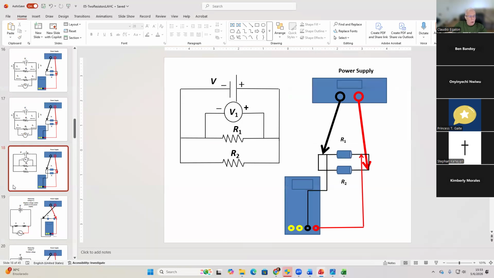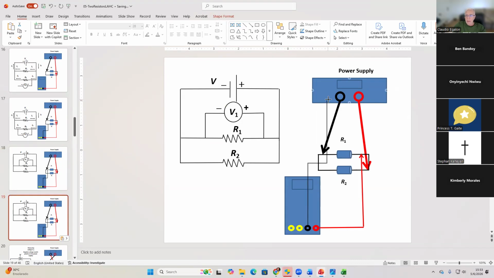I'm going to copy that and paste it like that. Okay, the V total measurement is going to be connected here. This other one goes all the way up here.